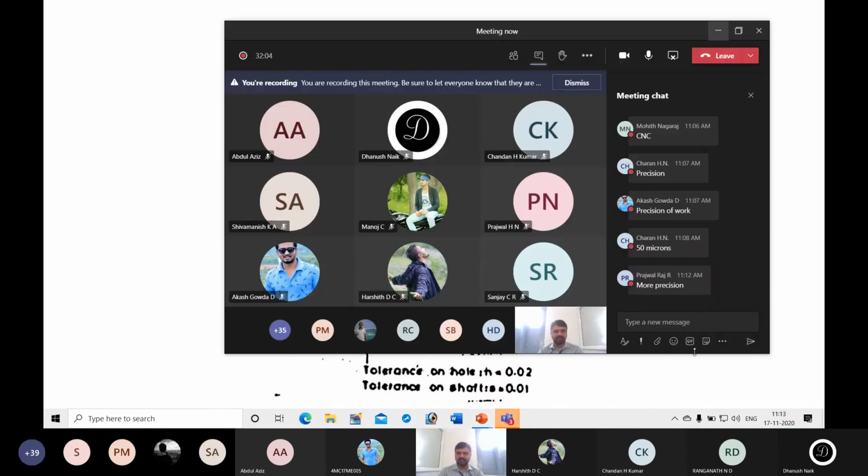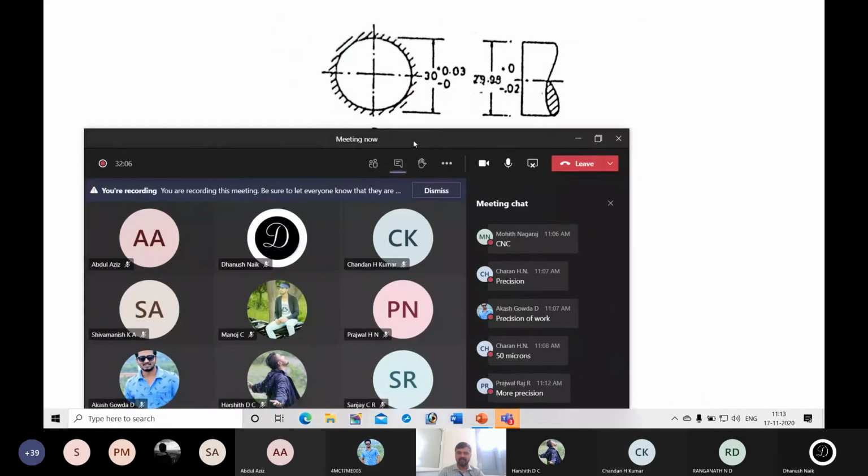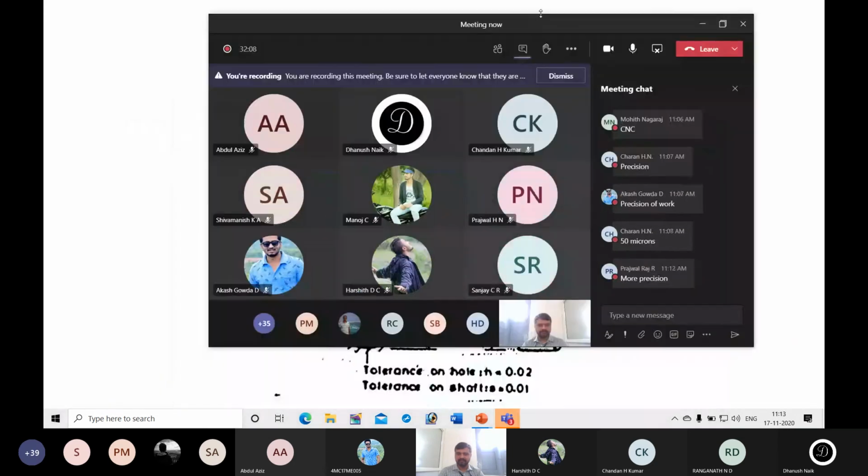Which are the different types of fit? Types of fit. Clearance fit. Clearance fit. Then which are the other types? Interference fit. Interference fit.